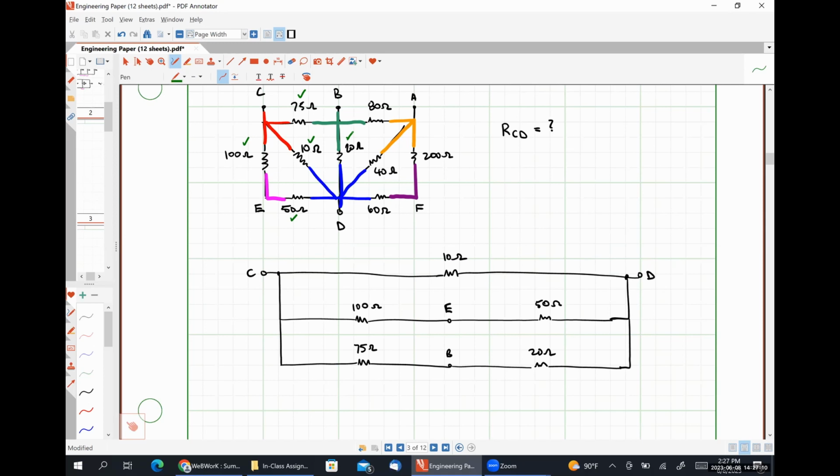But there are also other paths that I can use to go from B to D, right? I could go from B to A to D, which means I'm going to put A right here. I can go from B to A using the 80 ohm resistor. And then I can go from A to D directly through the 40 ohm resistor.